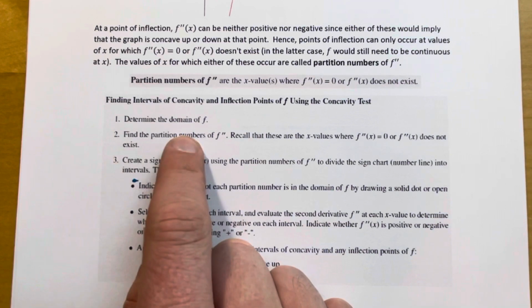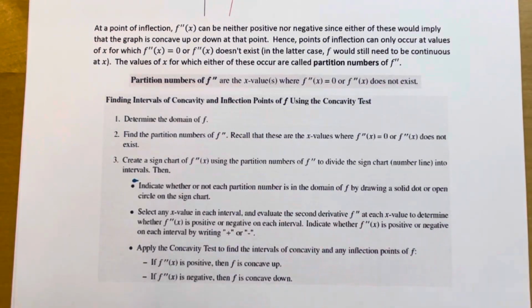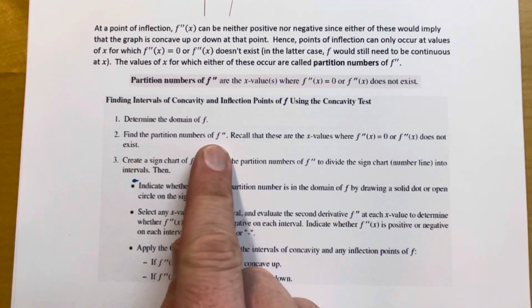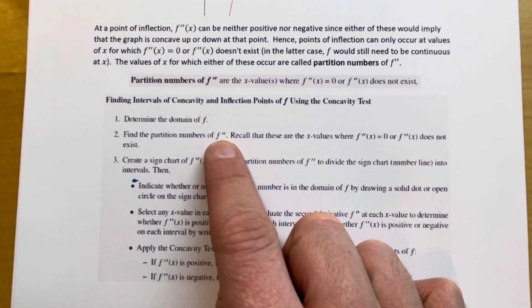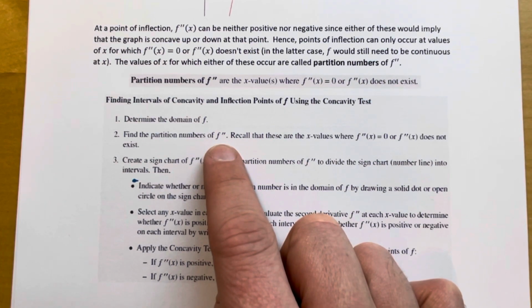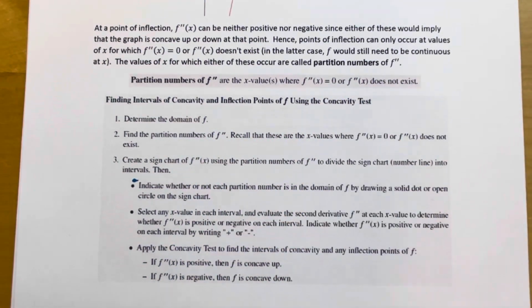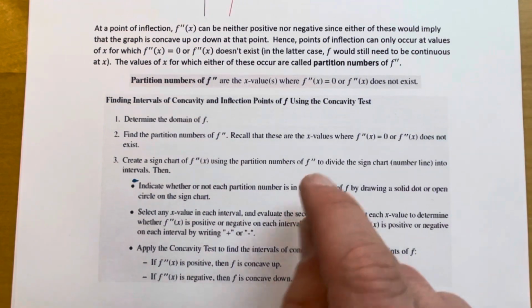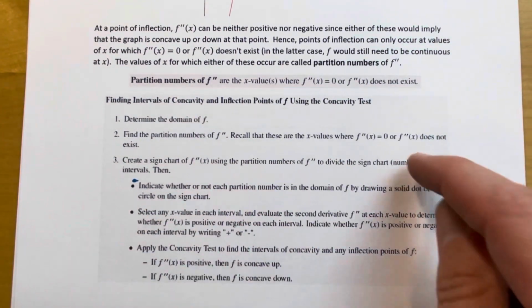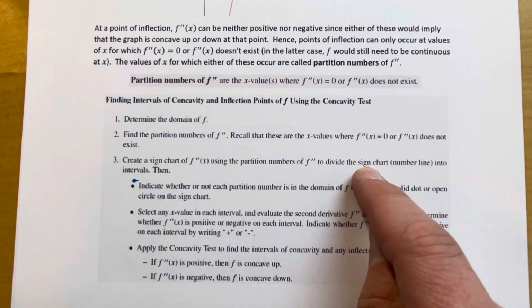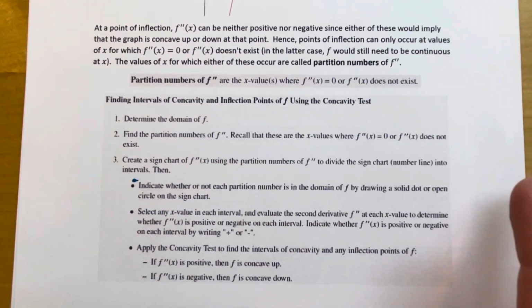So first, we determine the domain of f. This is just like the increasing-decreasing test from the previous section. Then we find those partition numbers. Find all of the values for which your second derivative is either equal to 0 or does not exist. And then we create a sign chart. Now, I'm not going to go through the explanation of what a sign chart is because we did this in 3.1.